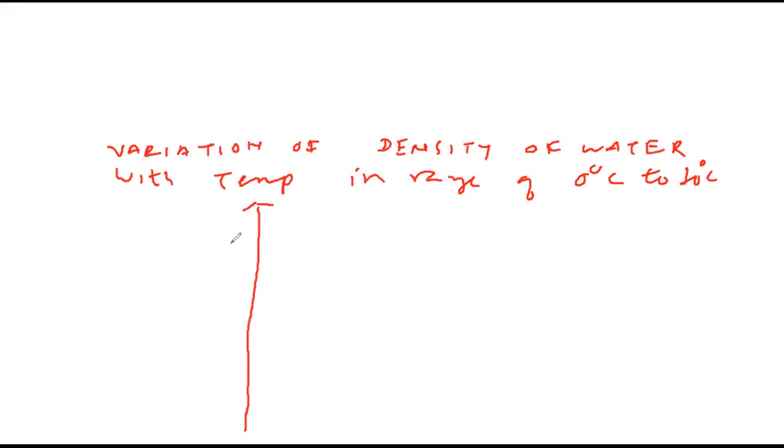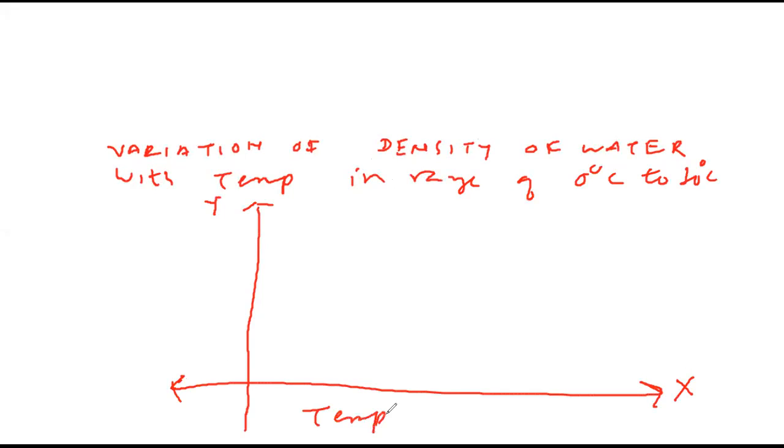See, again, this is y-axis, and this is x-axis, temperature in degree Celsius. 0 to 4, 6, 8, 10.